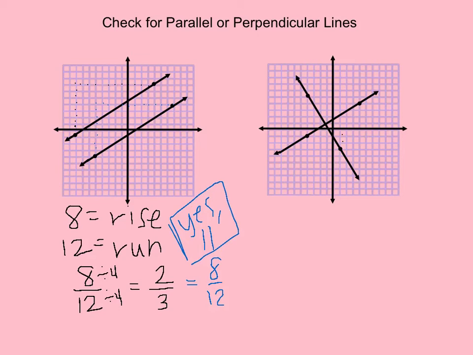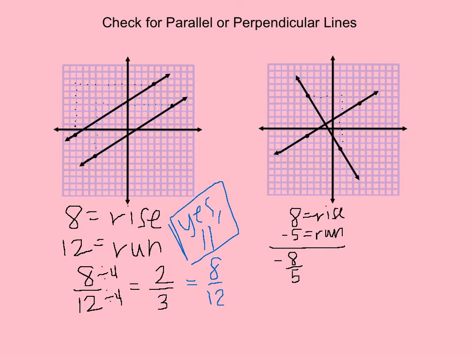So up 1, 2, 3, 4, 5, 6, 7, 8. Up 8. And then run. Ooh, I'm going left, so that's negative. -1, -2, -3, -4, -5. Run, -5. So that means my slope is -8/5, which does not reduce.